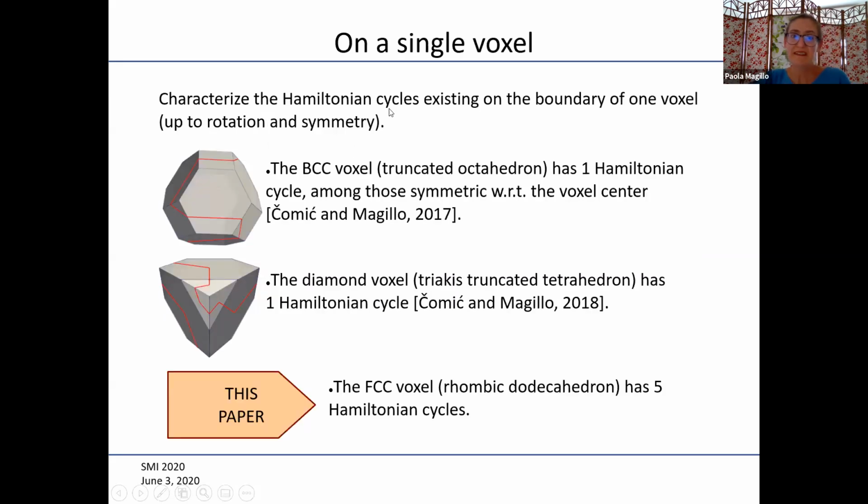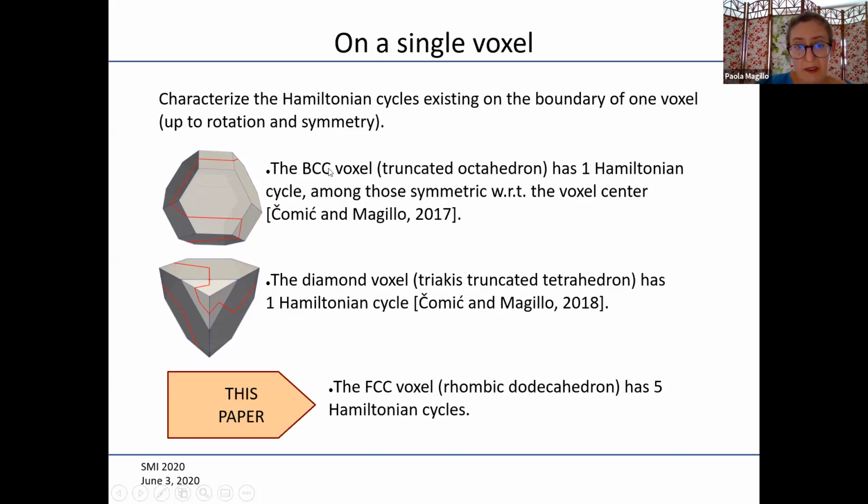We have already some results. On a single voxel, we wanted to characterize the existence of Hamiltonian cycles on the boundary of the voxel. And when I say Hamiltonian cycles, I consider two rotated versions of the cycle to be the same.